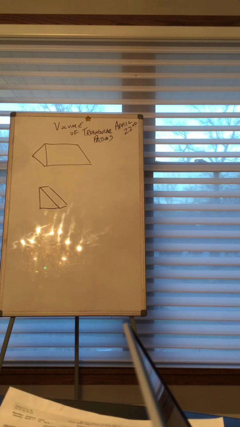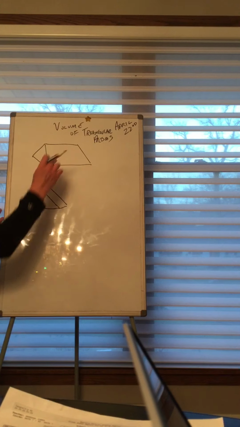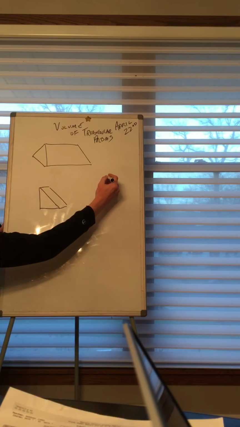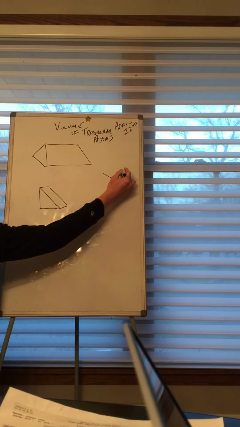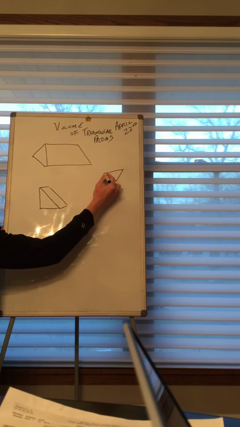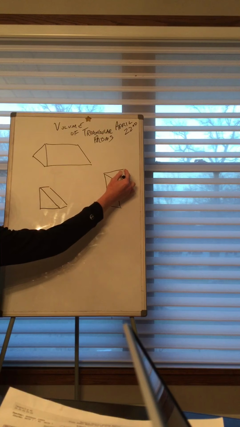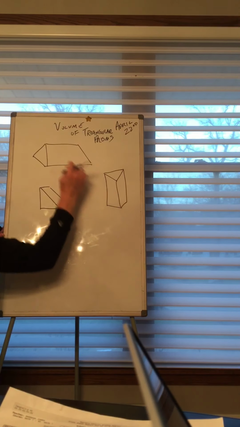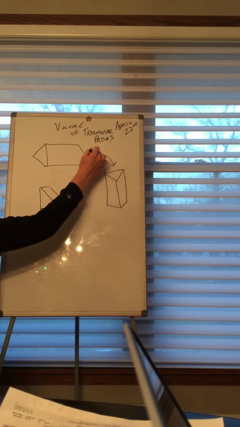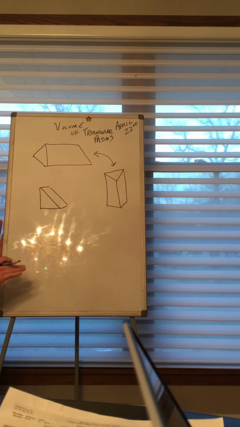Whatever you may see it as, it's going to be the same thing. You can also see these as upright, though it's harder to draw. This would be the same as that, just looking at a different position.